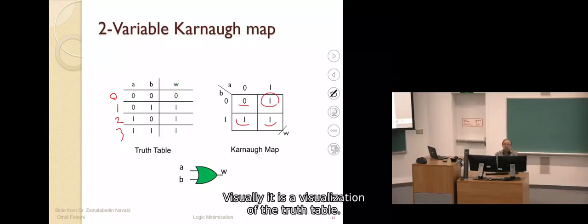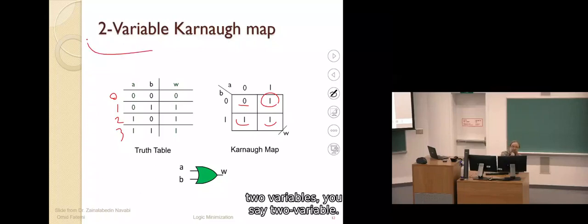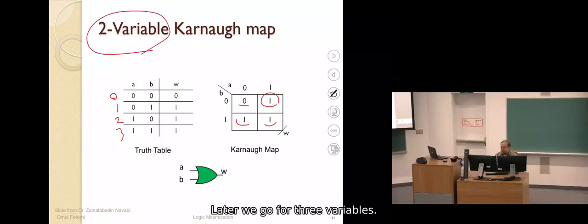It is a visualization of the truth table, and it will give us so many things, which we will see later. I started with 2 variables. Later we go for 3 variables. Starting from simple and then making it more complex.